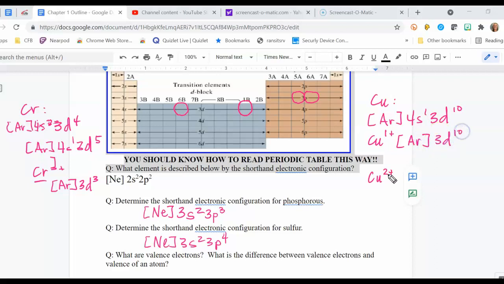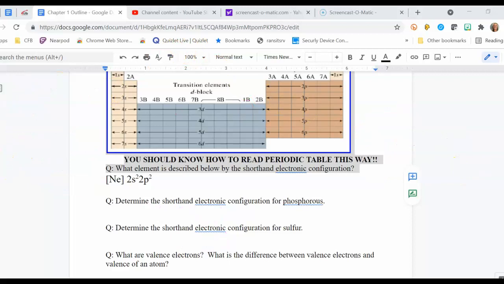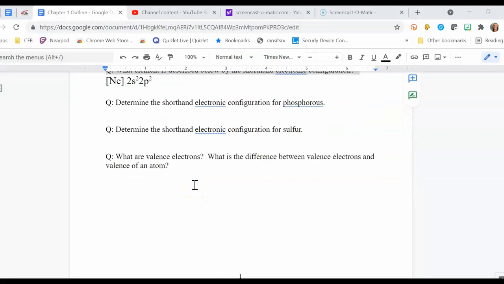Copper 2 plus leaves us with [Ar]; the 4s1 disappears, and one of the 3d electrons disappears, so we end up with 3d9 for the electron configurations of the ions. Okay, so we are going to hurry along to our next part as a review.